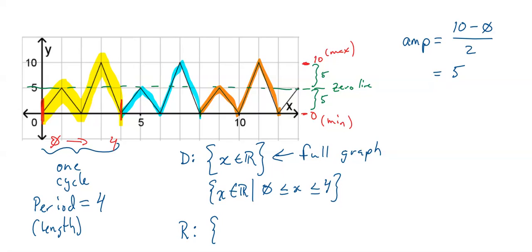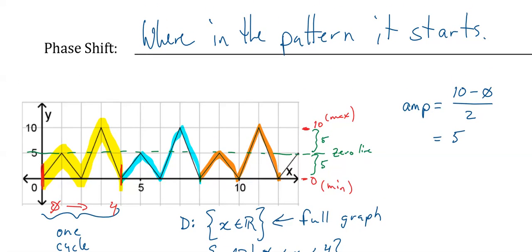What if I decided to start the period here, or start the cycle here? Then my domain would have been from 1 to 5. It would have still had length of 4, but because I started it at a different place, it finishes at a different place. Or I could start it here at 3, and then it's going to go up to 7. So it still has a length of 4. The period doesn't change, just where I'm thinking about the start changes.